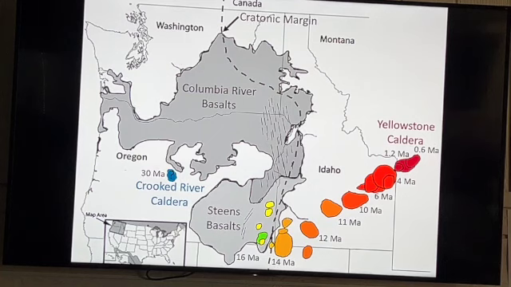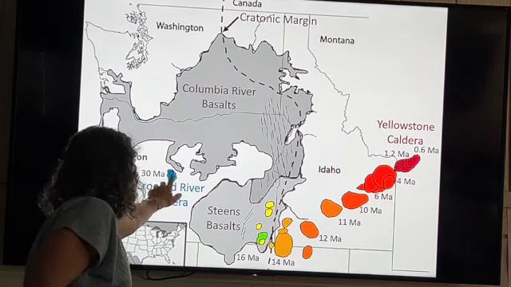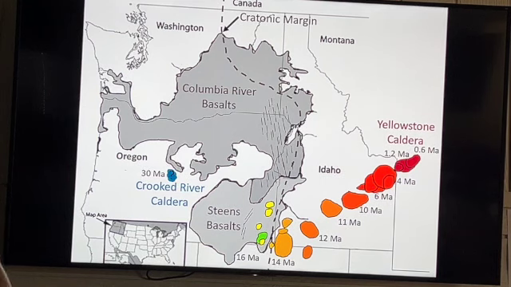This particular one that I've highlighted is the Crooked River caldera, and it's about 30 million years old. And Prineville is pretty much in the middle of it, but if you're in Prineville looking up at the rim rock, that is not the caldera. That's much younger rock. So don't picture Prineville as being in a caldera. It was 30 million years ago that caldera existed, and it's been covered up with much younger stuff.